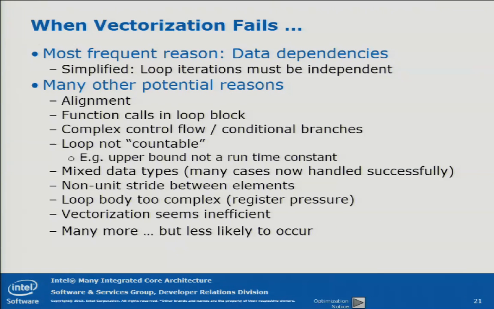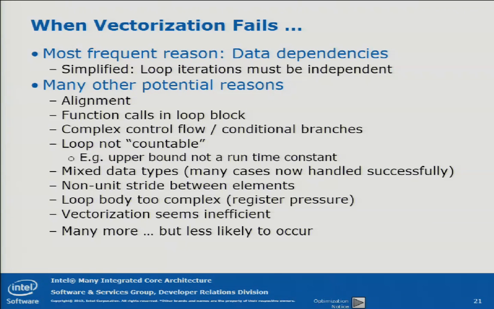So whenever alignment is wrong, the compiler can still vectorize, but it might not be beneficial from a performance standpoint anymore. If there are function calls in the loop body, and there's no vectorized version of the function, this might fail. If the control flow is too complex, like if statements, if then else, try catch, whatever you might think of. Loop not countable, that's also a good one.